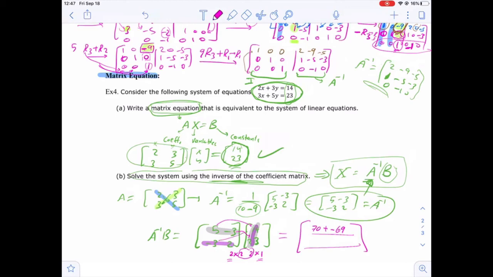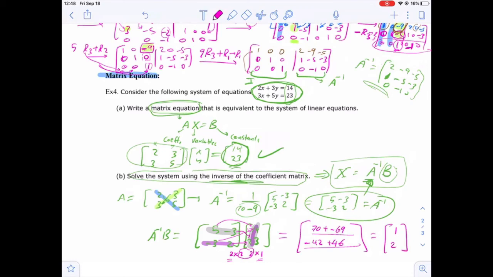We distribute it. So negative 3 times the corresponding element 14, that's negative 42. And then we multiply 2 by 23, so that's 46. Now we add these, and we get 1 and 2.